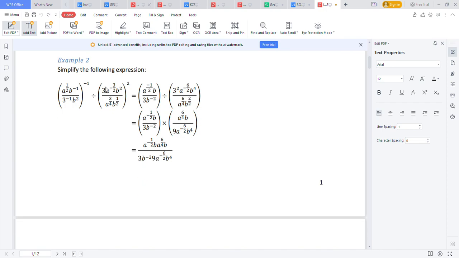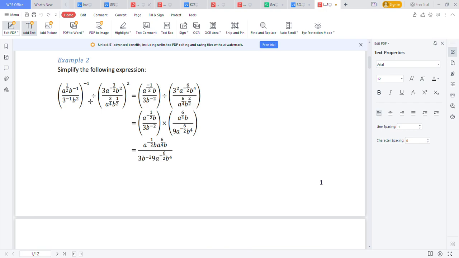Example 2. Simplify the following expression. You're supposed to be very careful while dealing with this. A very simple question.